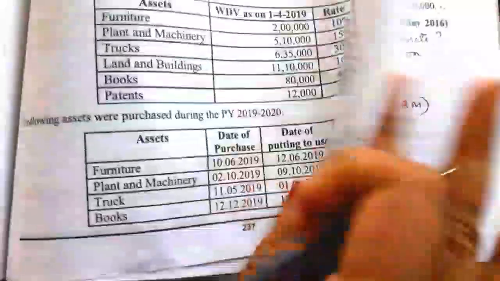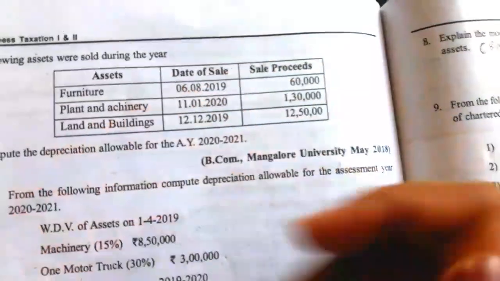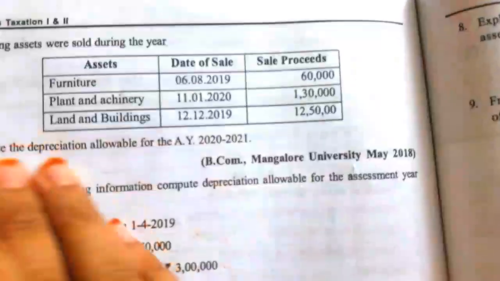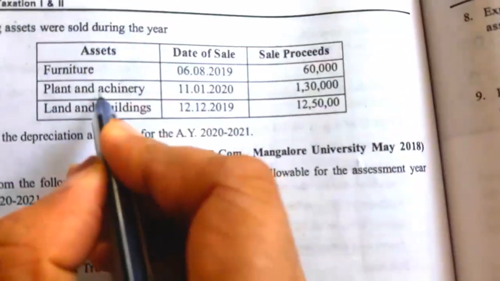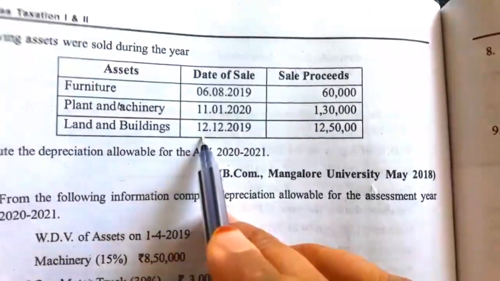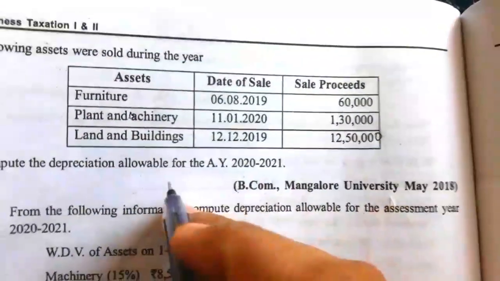So only 4 purchases. Next, sales we have to deduct under sale or transfer: furniture sold for rupees 60,000, plant and machinery sold for rupees 1,30,000, land and building sold for rupees 12,50,000.